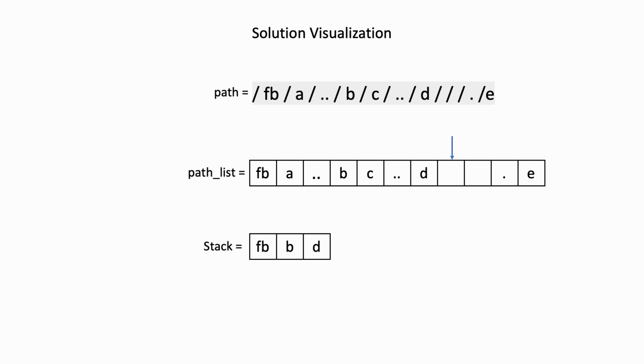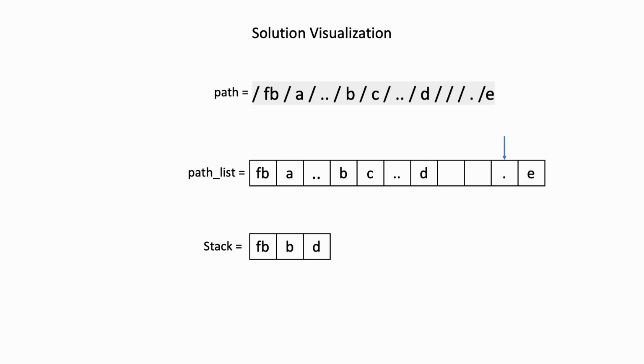This is an empty string element coming from splitting consecutive slashes in the input path variable. We do no operation when we find an empty string element. This is again an empty string element coming from consecutive slashes here in the input path variable. We do no operation.